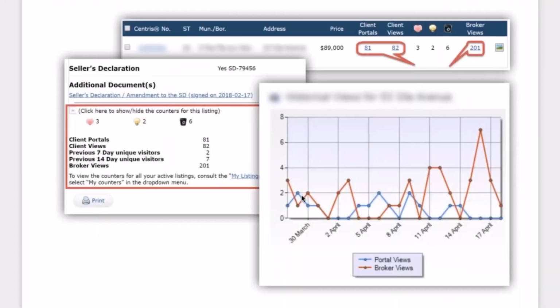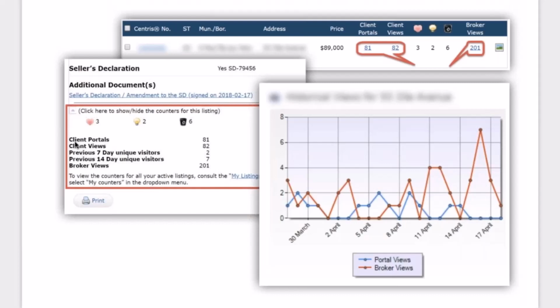So these are the activity counters for your targeted clientele. So these are the number of clicks that people have had, clicked on your listing, that have been sent your listing by their broker.